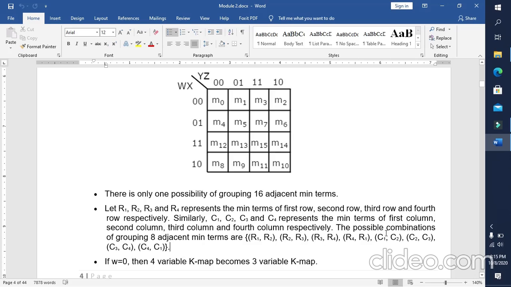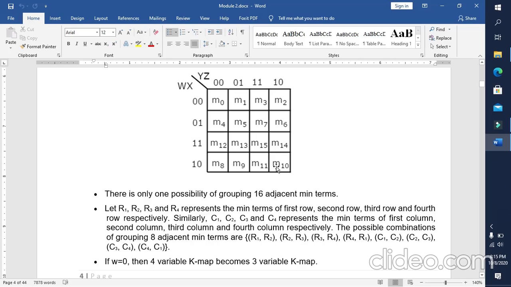So, the possible combinations of grouping 8 adjacent min terms: this is the first row, R1. The second row is R2, this is R3, and this is R4.